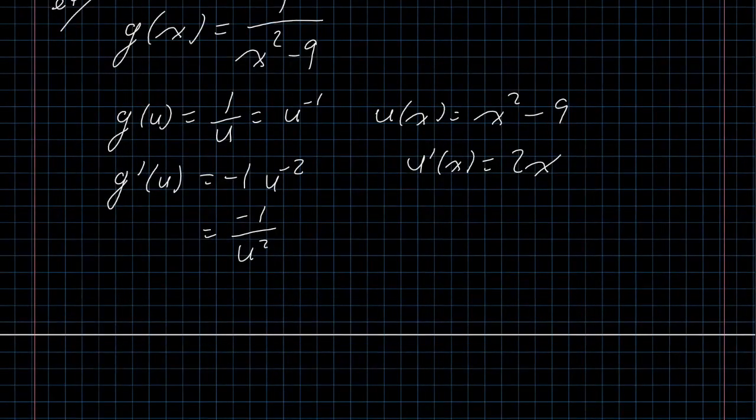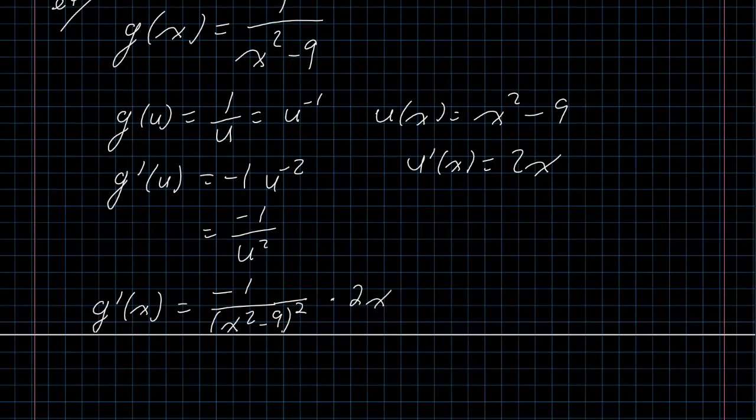And so bringing these things together, g prime of x now is negative 1 over u, which is x squared minus 9, squared, times u prime, which is 2x. Okay, again, condensing that a little bit, negative 2x over x squared minus 9 squared.